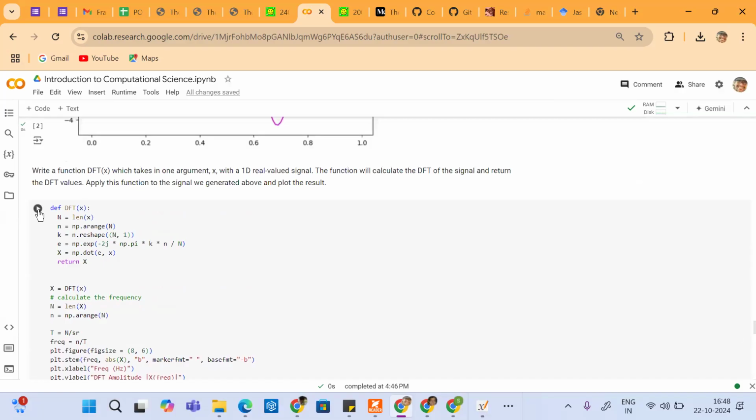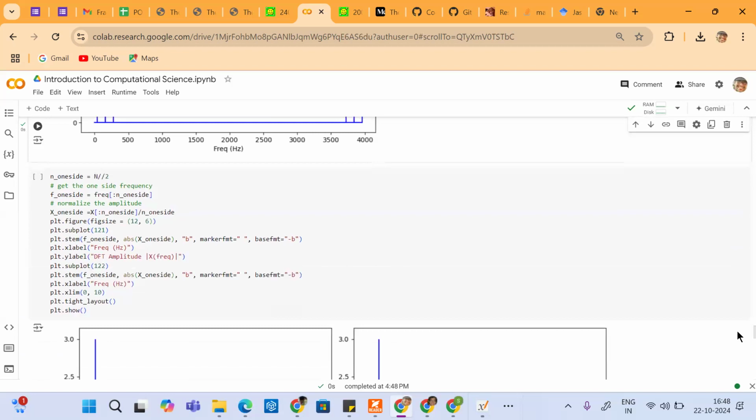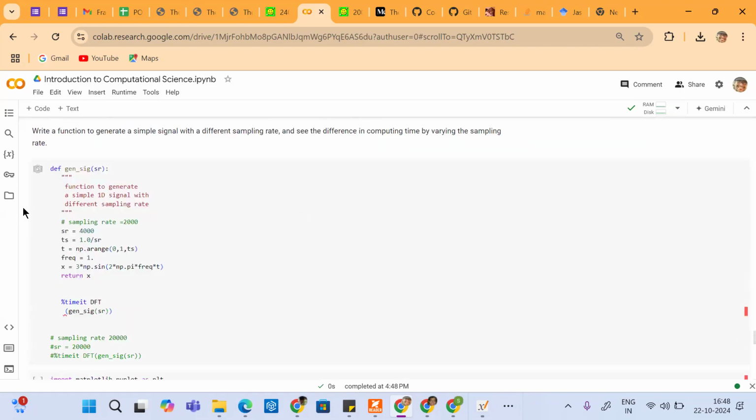So I have to run this one. This is why I was saying I need X throughout. The same signal I need throughout the other programs, so I have to run each part. Because this is here, I think it is creating some confusion. I think nothing is there, so I think it will run now.